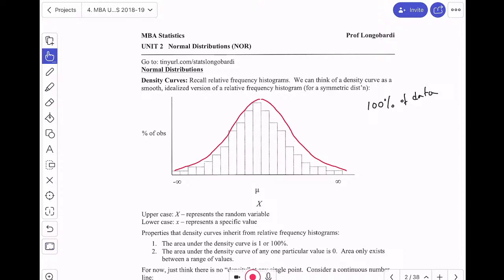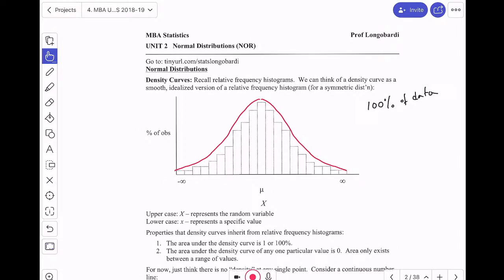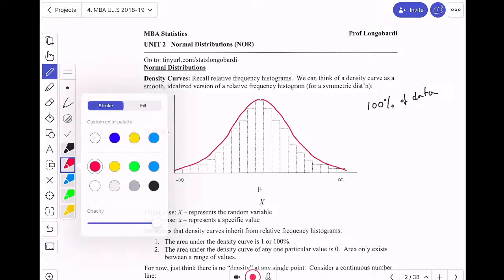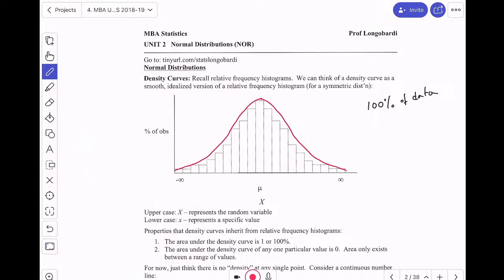No, that didn't work. All right, so I smooth it out, and I would say that the area under the curve is known as the density curve. It has 100% of the data below it.